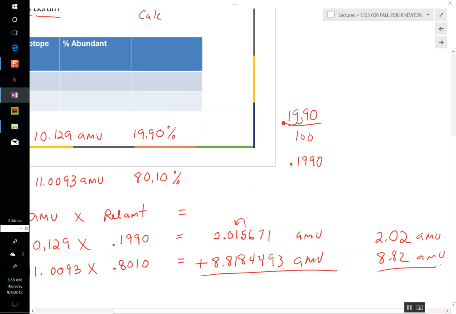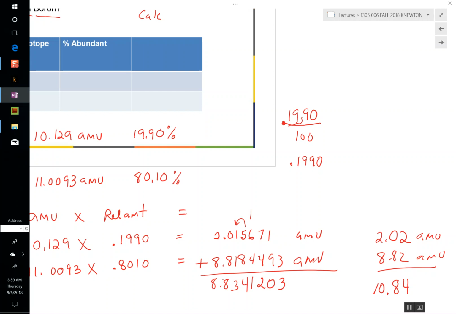Do you see what I did? I just rounded this number off, and I just rounded that number off. I'm going to get 10.84. It's coming out to 10.81. Let's do this here. I don't know if I'm doing this right, but it's 10.8.